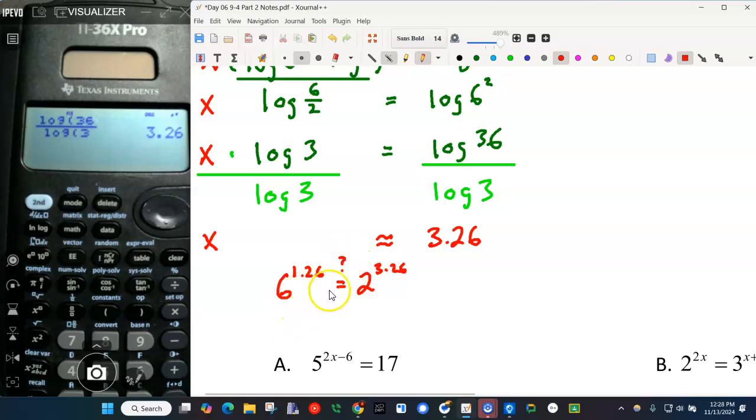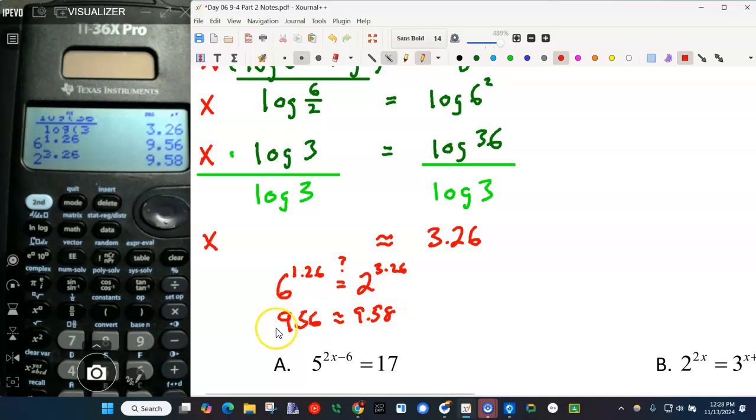So you get the decimal for both. 9.56. And is that fairly close to 2 to the 3.26? And it is. Off by less than 1% is a good margin.